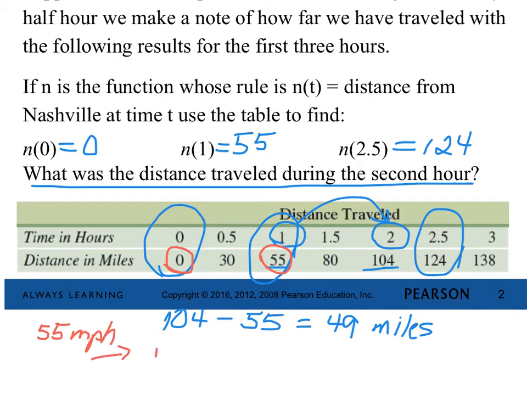Meaning that in 1 hour, we had driven 55 miles. And that is our average rate of change.